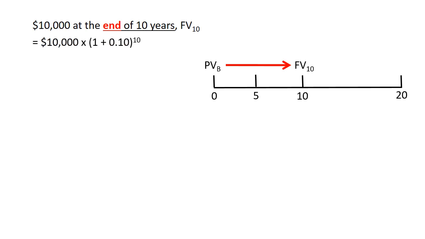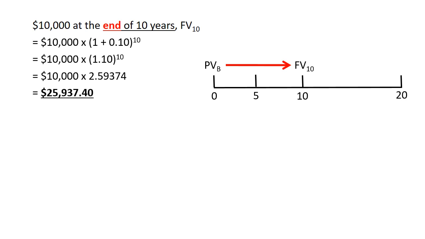So it's 10K times (1 plus 0.1) to power 10. Take note this is 10 years, so N is 10. The answer is 25,937.40.